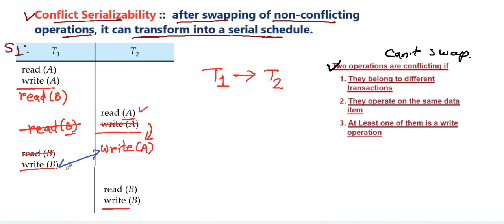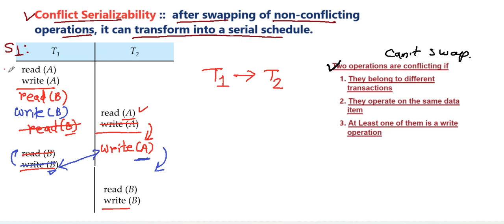We need to swap these two. This is a write operation, but they are operating on different data items: in T1 it is write B, and in T2 it is write A. So we can swap them. Write B goes up, and write A goes to the bottom.